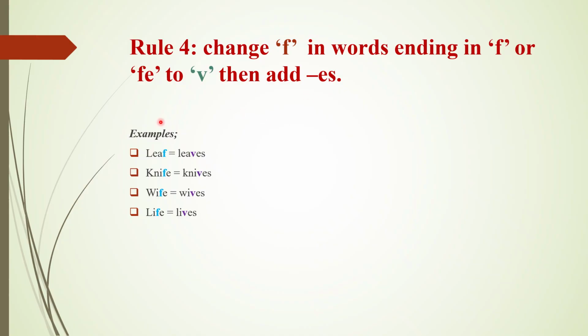Like, for example, leaf ends in f, so we change the f to v, then you add es, you form leaves. Knife ends in fe, so you change the f to v, then you add es, you get knives. You apply the same to wife to get wives, life to get lives, and many other examples.